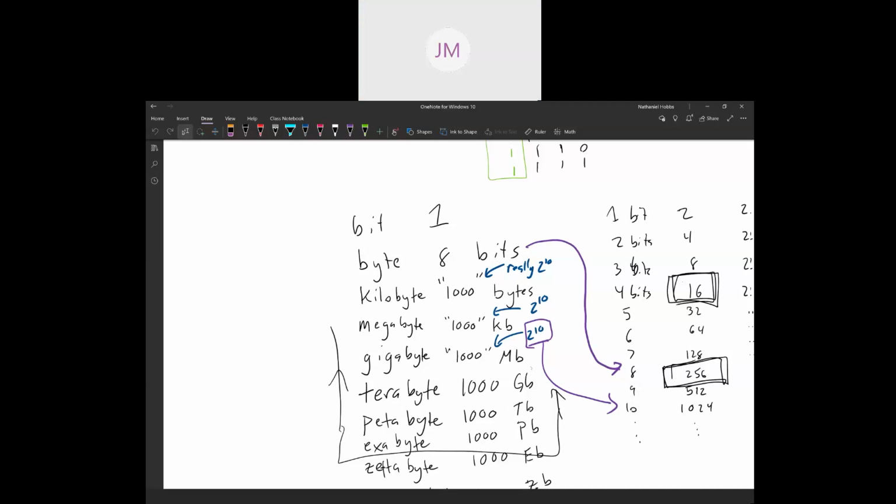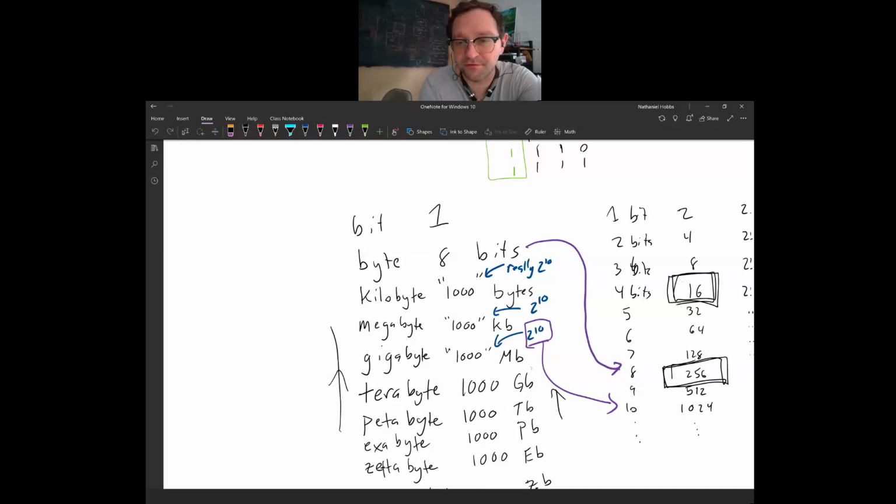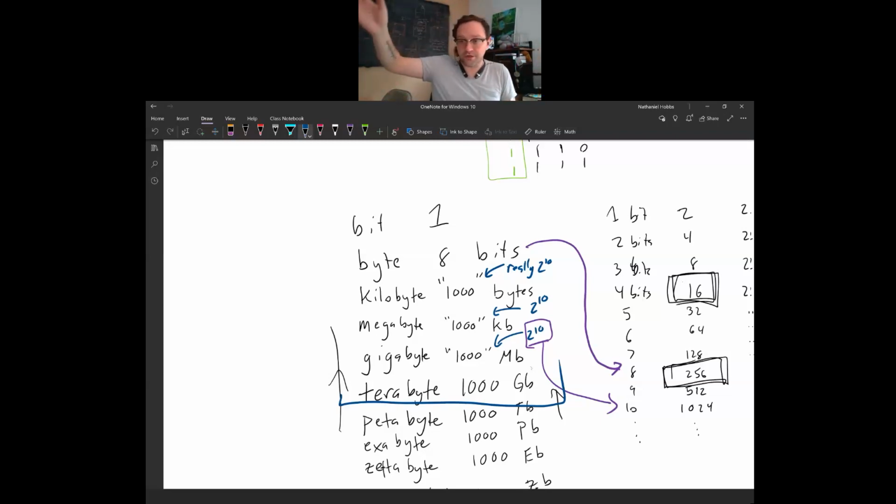Yeah, good question. Honestly, I'll cut it off here at terabyte. You should know a terabyte. Petabyte, exabyte, zettabyte, that's extra. A terabyte you should know because if you're walking around Walmart, Sam's, Costco, whatever, and they're selling hard drives on the shelves, they're going to be in terabytes, for sure.